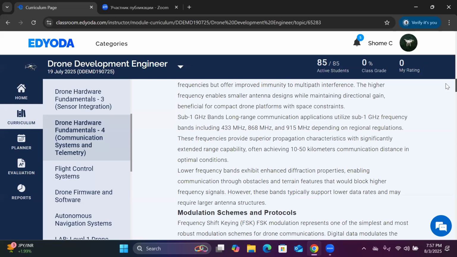This drone swarm is based on secured RF communication only, but there the frequency span and the bandwidth are all in a distributed manner. Suppose my total bandwidth span is 50 megahertz. That 50 megahertz bandwidth span is divided among the 20 drones being used in the drone swarm along with the master.